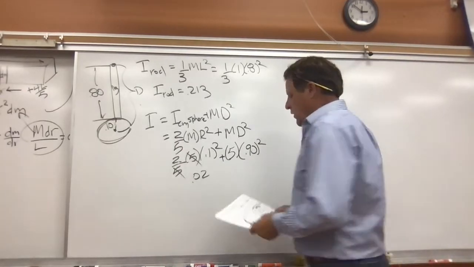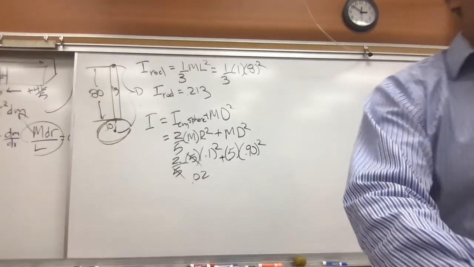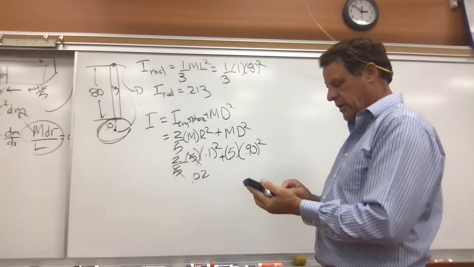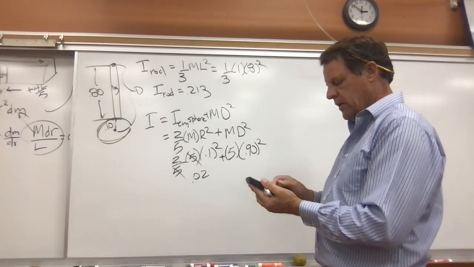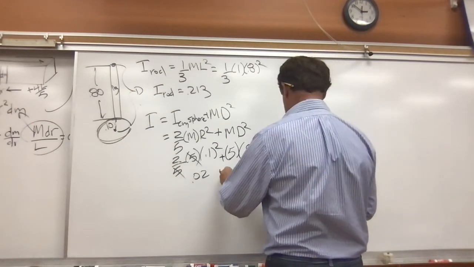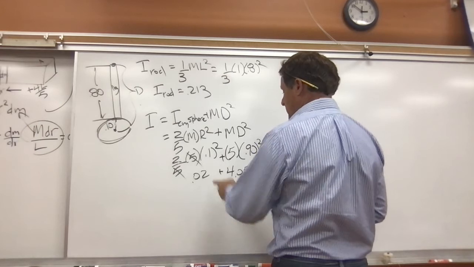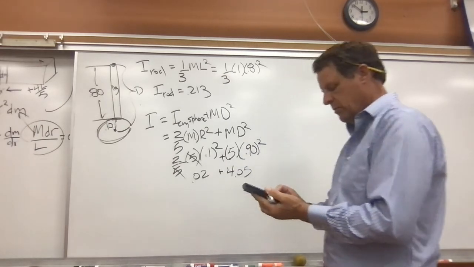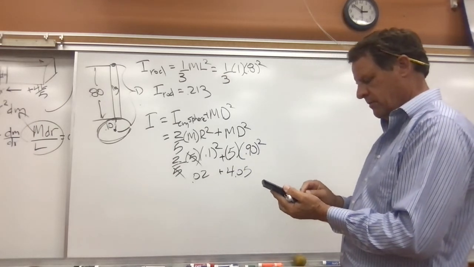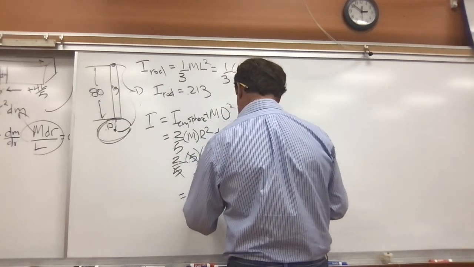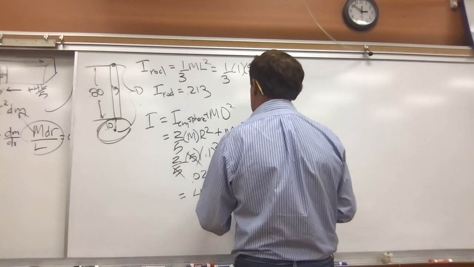So 0.9 squared times 5 gives us 4.05. 4.05 plus 0.02, our I there, is going to be 4.07.